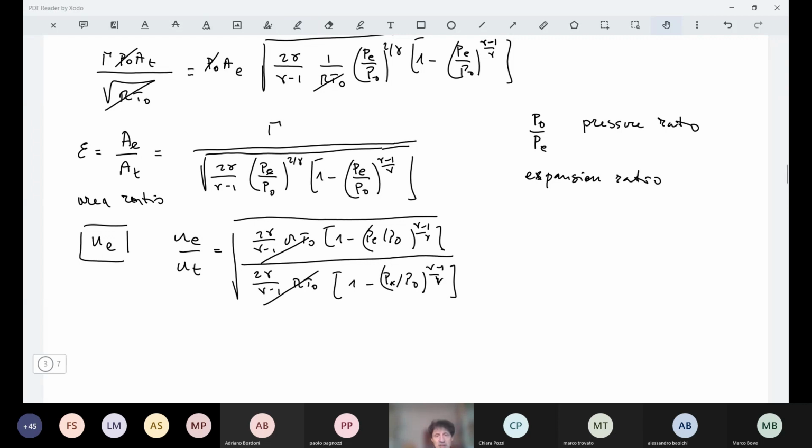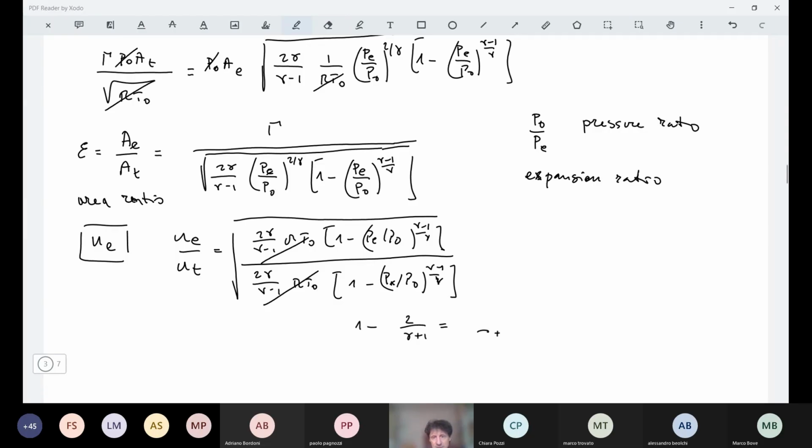Here we have seen before that this term in square brackets is 1 minus 2 over gamma plus 1.